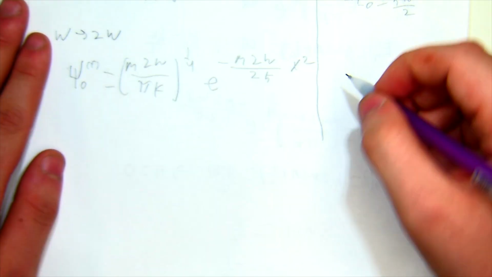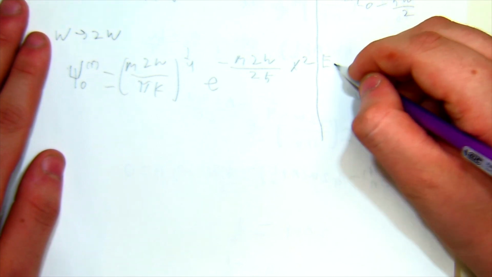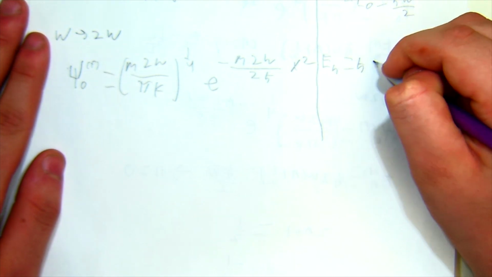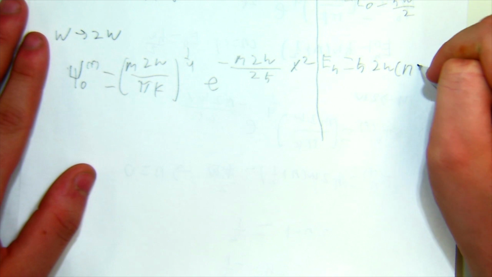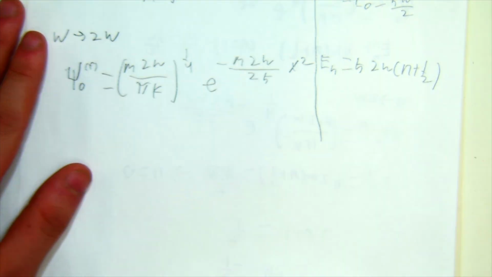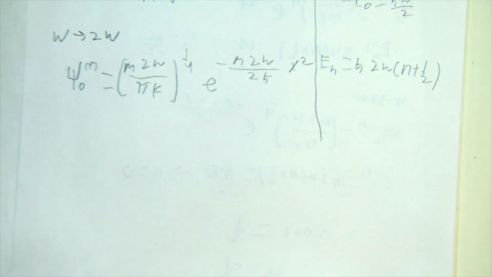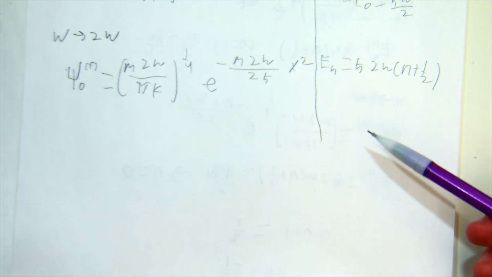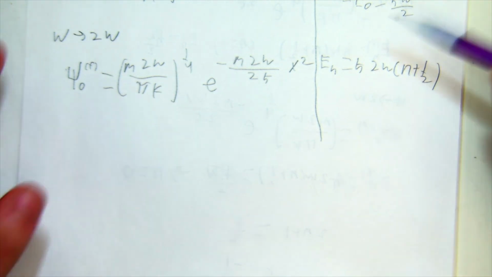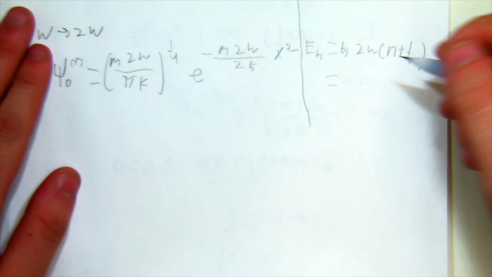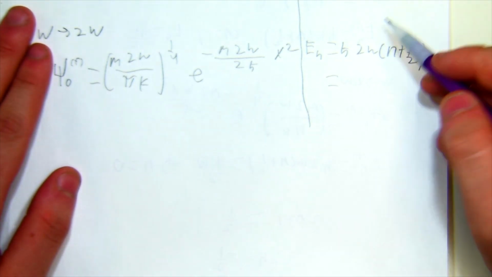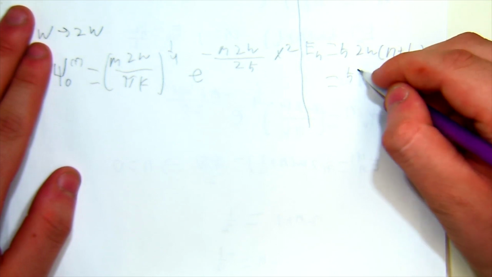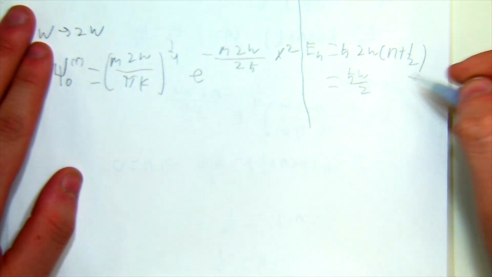But now, after we quadruple the spring constant, our energies become h bar times 2 omega times n plus 1/2, where n, again, is still an integer. So now we want to find for which state our energy is going to be equal to h bar omega over 2.